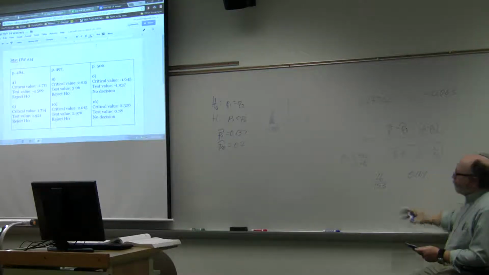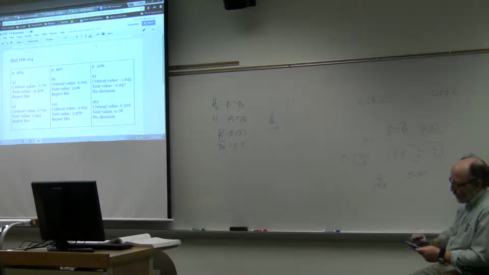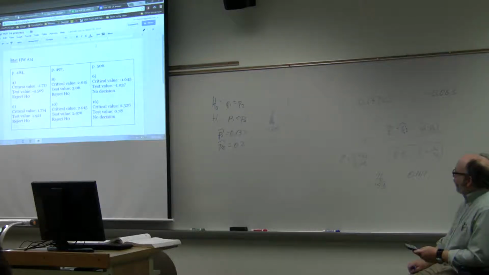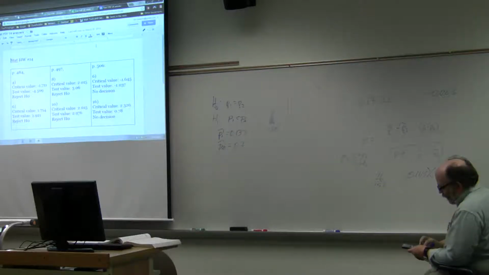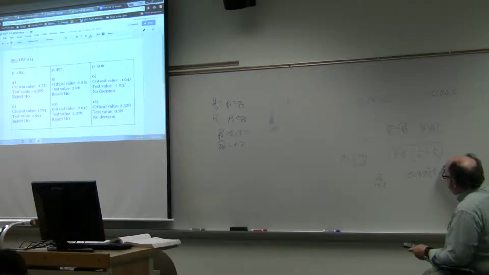That's p-bar then. So now I need q-bar, so that's going to be 1 minus that. Okay. I couldn't get q bar. All right. So 1 minus 0.169 is 0.831.